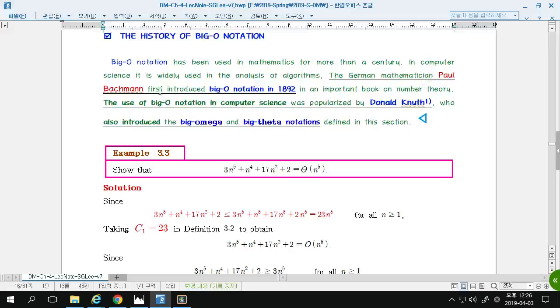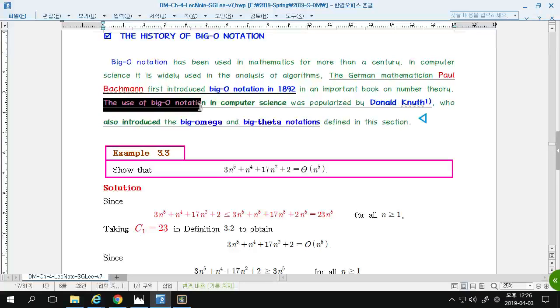Paul Bachmann first introduced big O notation in 1892 in his book, and the use of big O notation in computer science was popularized by Donald Knuth, who also introduced big omega and big theta notations, as we just learned.